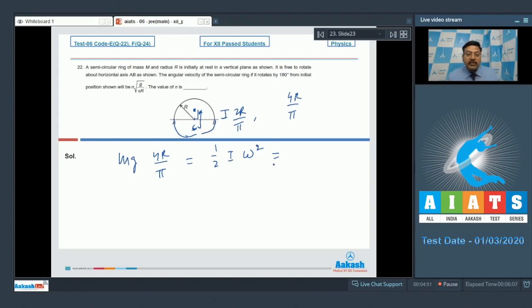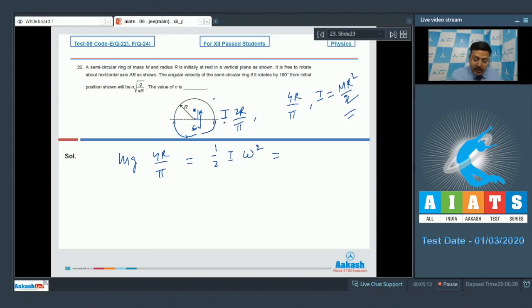Now what about the value of moment of inertia I? In fact, this would be equal to mr square by 2, because we can get this result by using the principle of superposition.